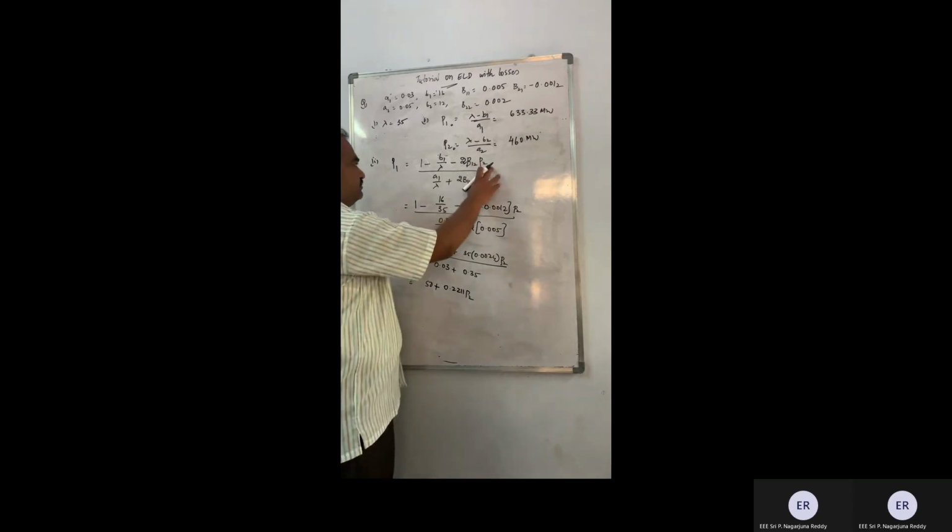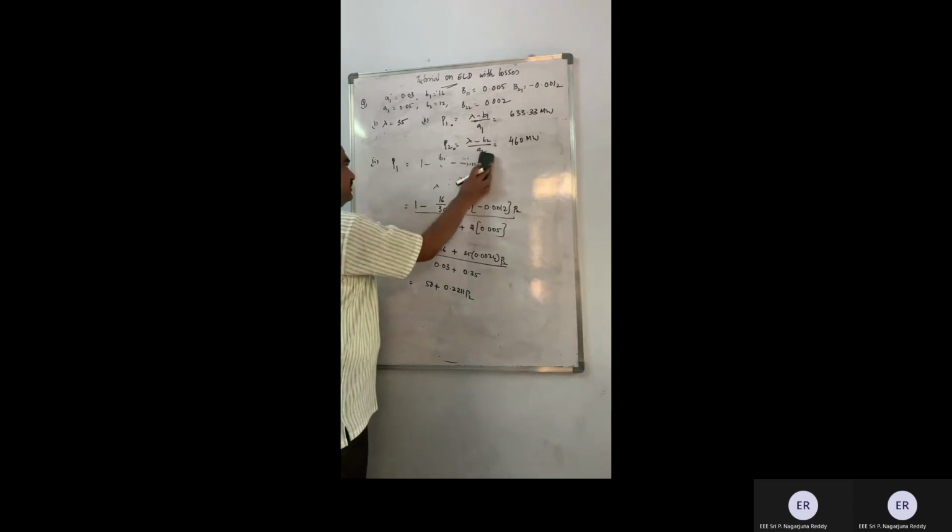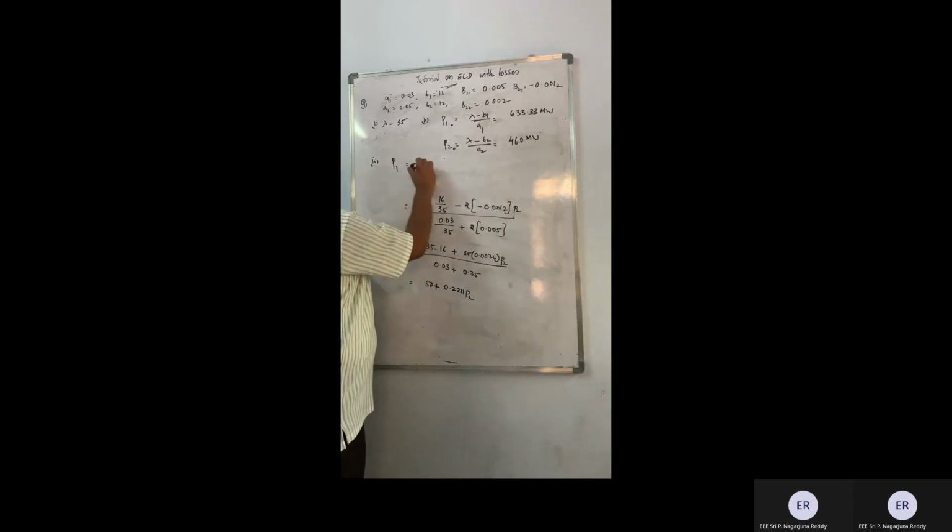So this is an expression. I'm taking this one for P1 now as I'm erasing all these things. So P1 is going to be 50 plus 0.2211 P2. So this is my expression for P1.